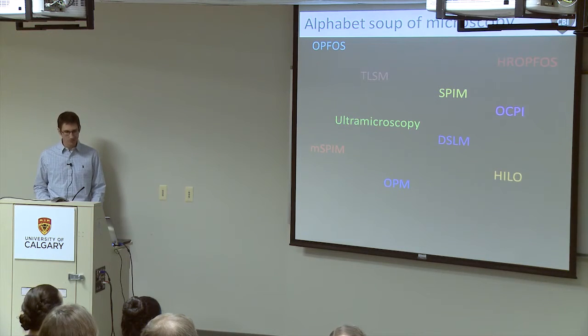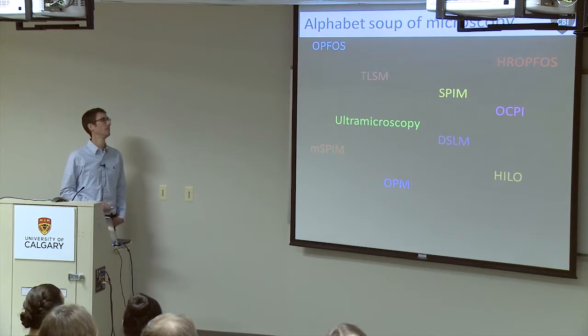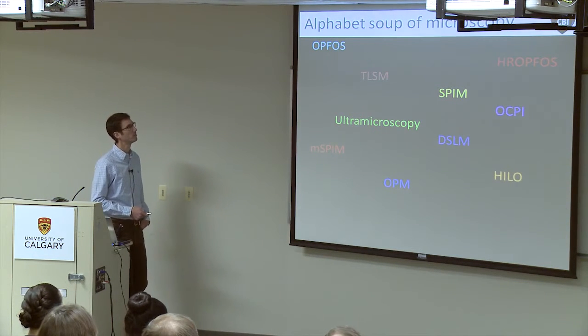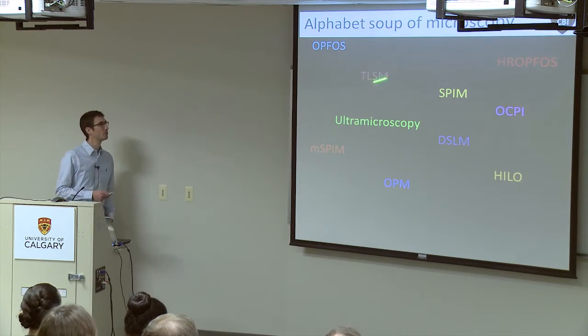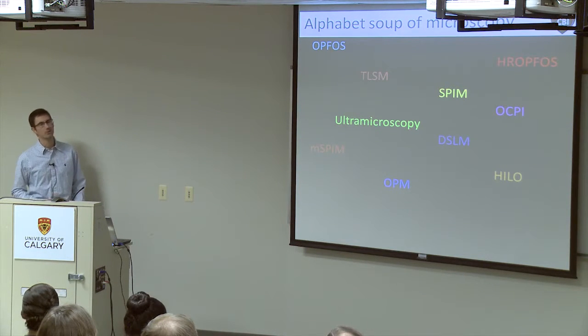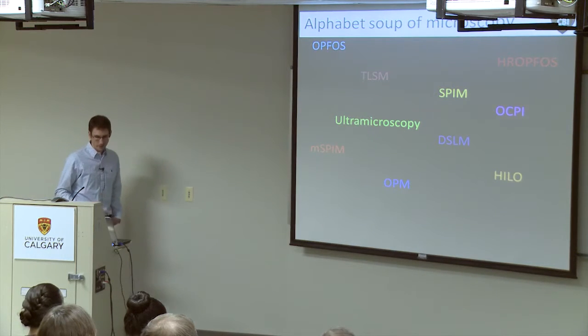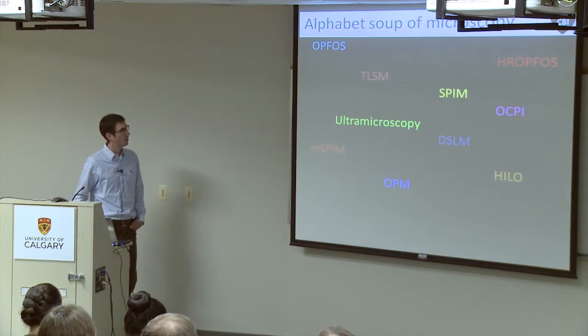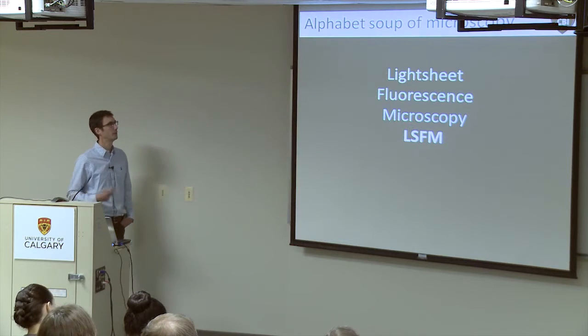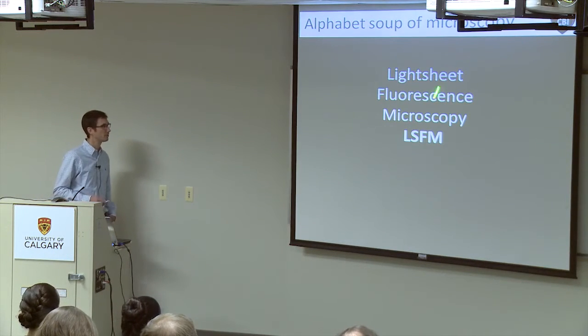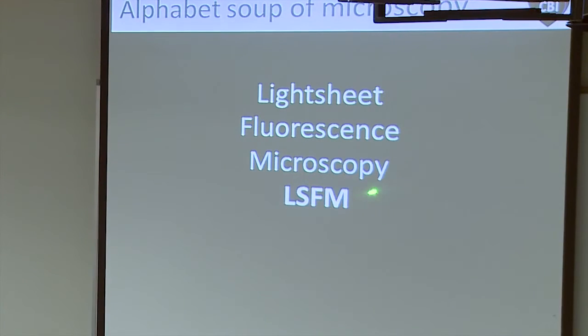And as we always do in microscopy, we try to challenge the signaling world to see if we can come up with more acronyms than they have. And quickly there became this alphabet soup of all these different light sheet techniques. Now, unlike the super resolution field, all of these light sheet people got together and decided they were going to come up with one term to describe this. So they came up with the term light sheet fluorescence microscopy, or LSFM.